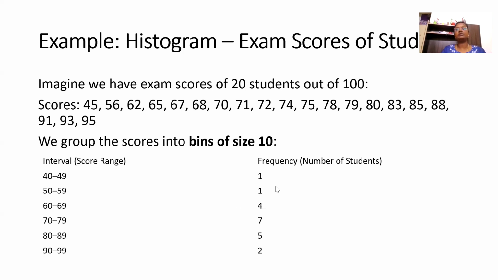How many students fall in each range: 40 to 49, 1; 50 to 59, 1; 60 to 69, 4; 70 to 79, 7; 80 to 89, 5; 90 to 99, 2. This is the frequency, or number of students, falling into that particular interval.